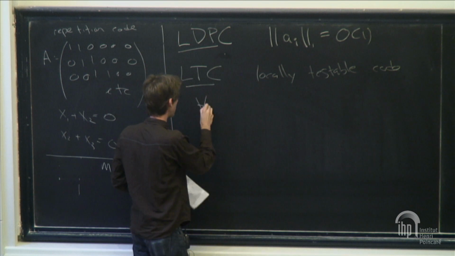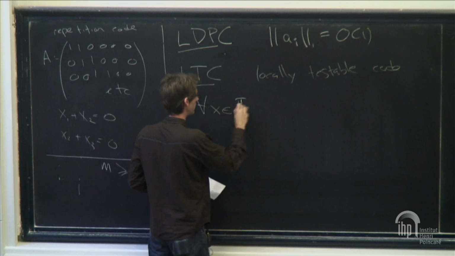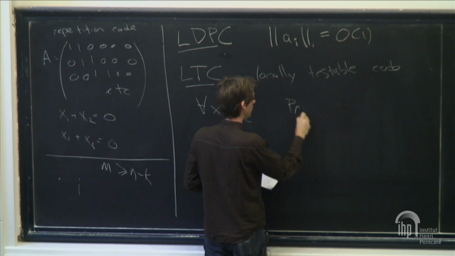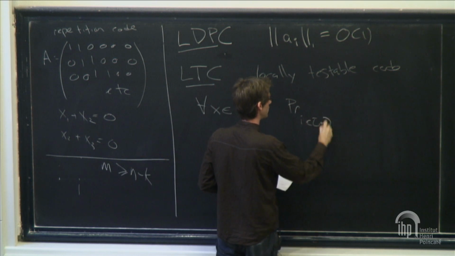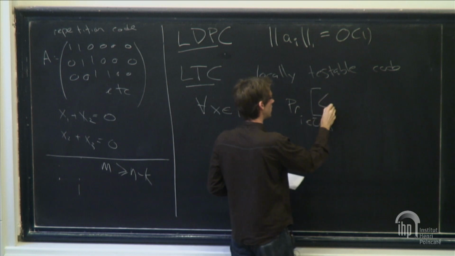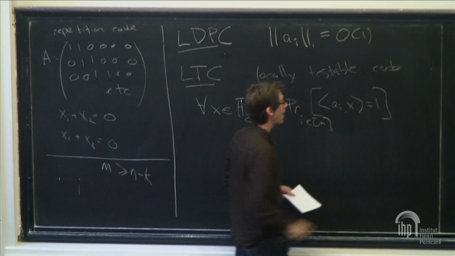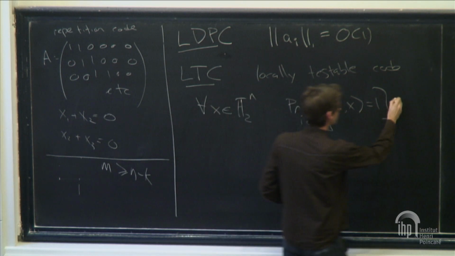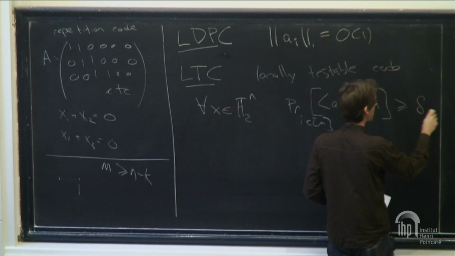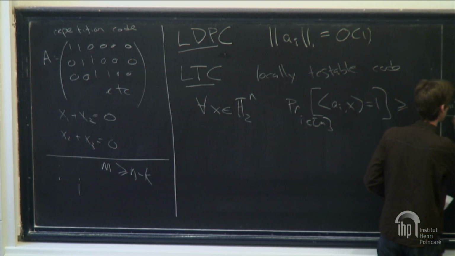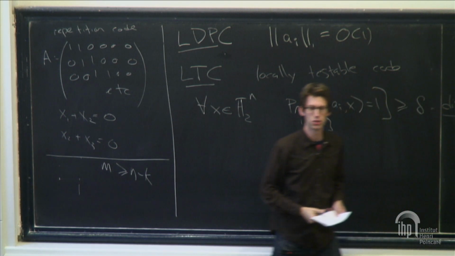So we can say, in other words, for any x, the probability over a random check that is violated should be at least some constant delta times the fractional distance.